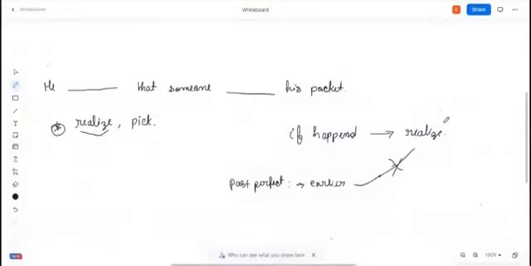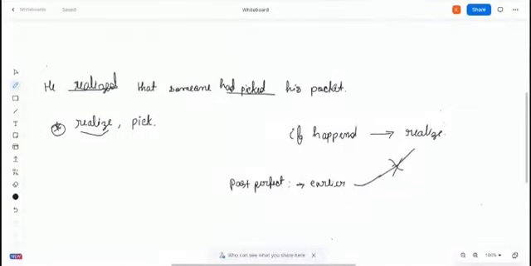If you say he had realized, that means he realized earlier. So how can he realize earlier, before anything happens? The correct form is: he realized that someone had picked his pocket.